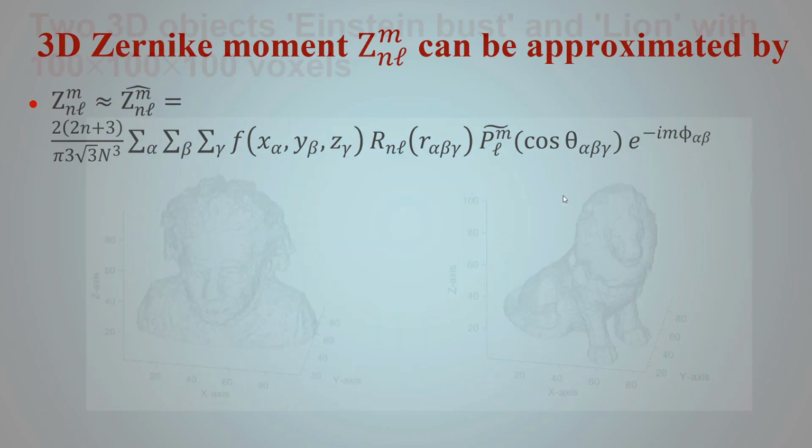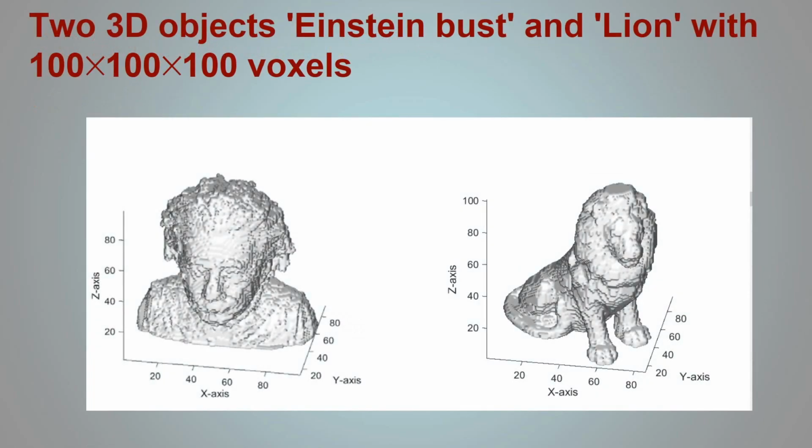So we tried our algorithm on different 3D objects. For example, we can apply it to the Einstein box. This 3D object has 100 times 100 times 100 voxels.